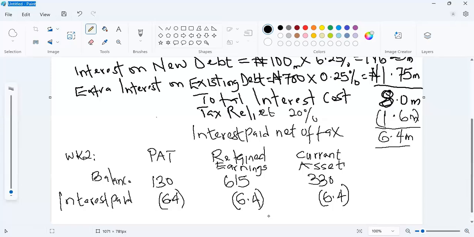Automatically, it will reduce my profit. You minus it from your profit. It's going to reduce my retained earnings because my retained earnings is my retained profits. Interest paid will reduce my cash. My cash is part of my current assets. Any question to this, please?